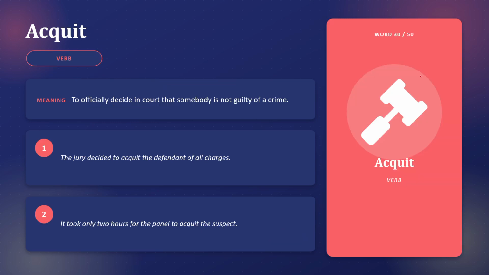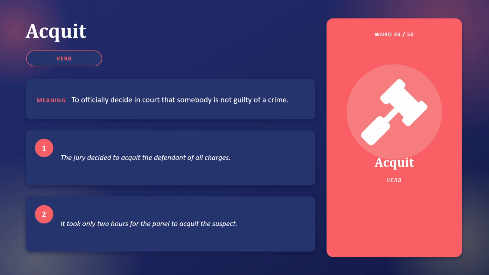Next, acquit. It means to officially decide in court that somebody is not guilty of a crime. One who is found not guilty by the court is then acquitted.